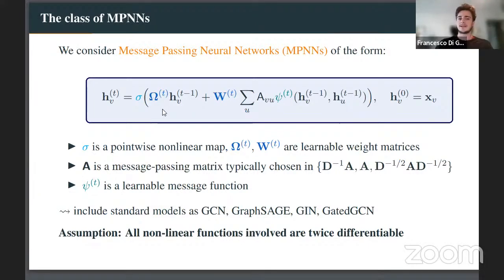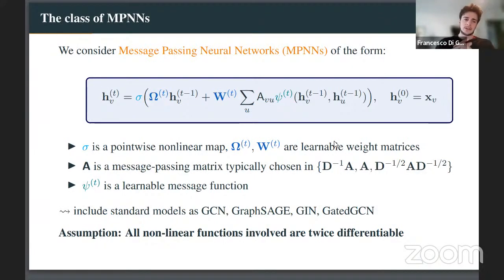Then we have weight matrices Omega and W, which can of course be different for each layer. Omega multiplies the node feature of v at the previous layer, and W multiplies the aggregation over the features of all neighbors. For this aggregation, we sum over all nodes connected to v, which is why the matrix A here is typically a normalized version of the adjacency. And then we even allow a separate message function psi that takes as input the state of node v and the state of the neighbor u.